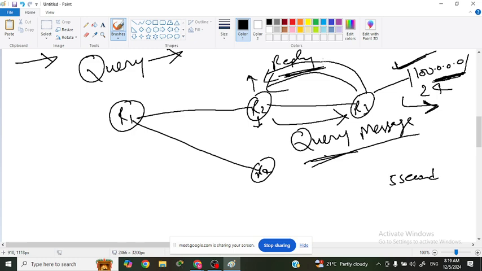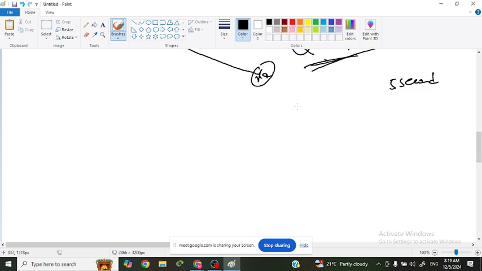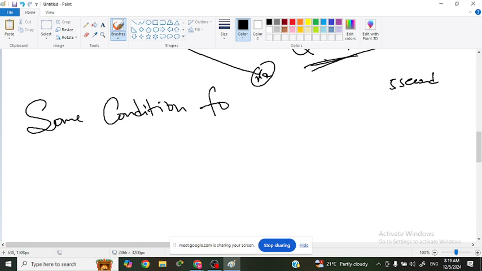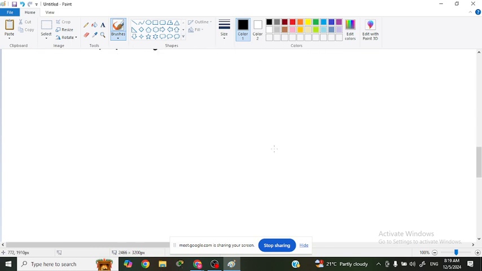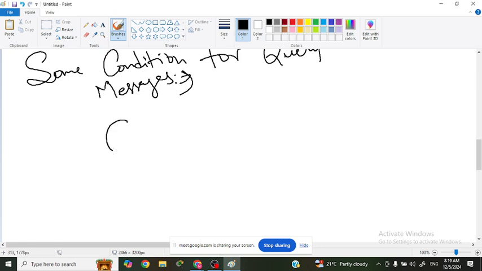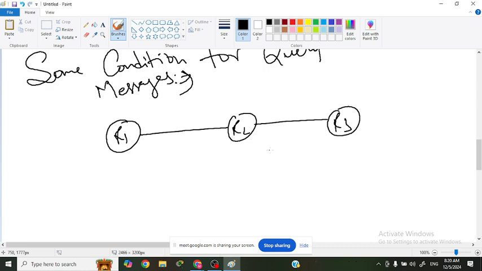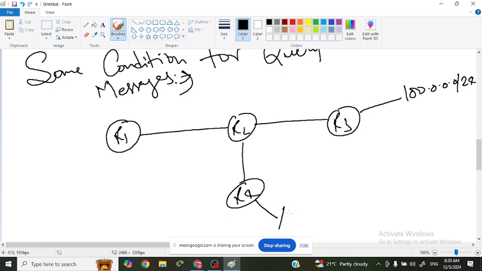So there are some conditions for the query message. Let's suppose here is router R1, router R2 and R3, and R2 is getting 100 prefix from this interface, and R2 is also getting the 100 prefix from this router also.